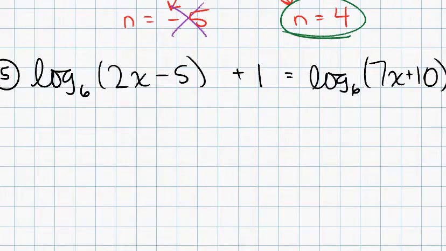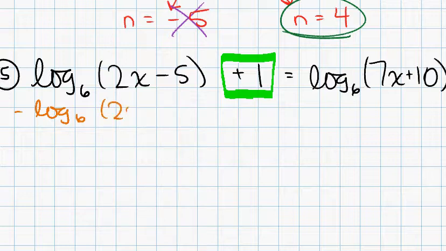So, logarithms on both sides of the problem don't help you if there is also a term that doesn't have a logarithm. So that one's hanging out there and that one's causing a problem. So we need to get our logs together. So we're going to subtract this log to the other side.